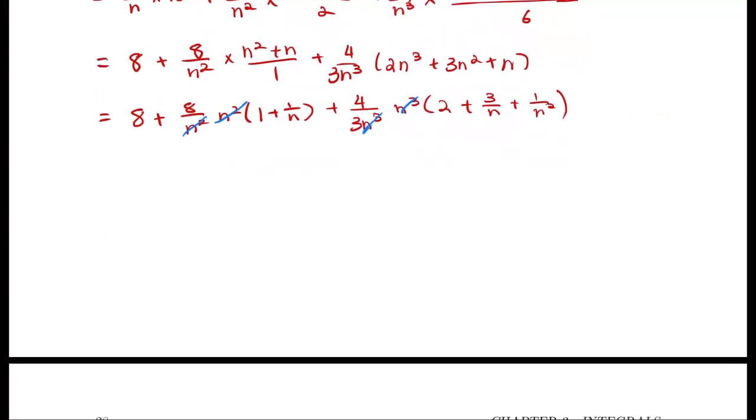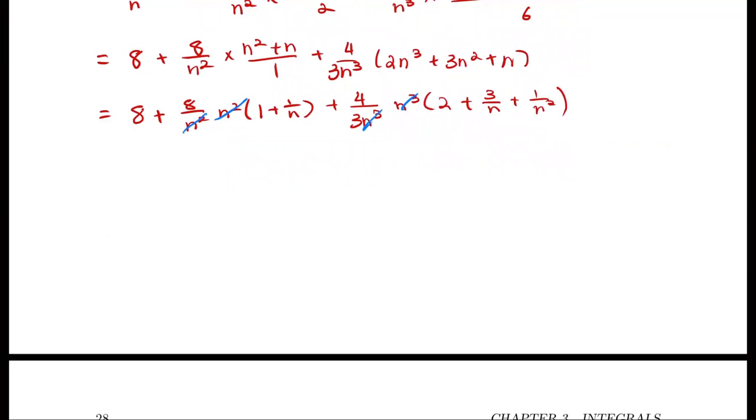This cancels with that. So what I just need to find out is this one: 4 over 3 multiplied by 2 plus 3 over n plus 1 divided by n squared.